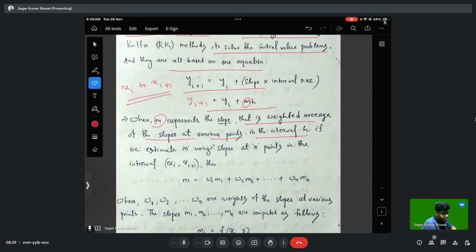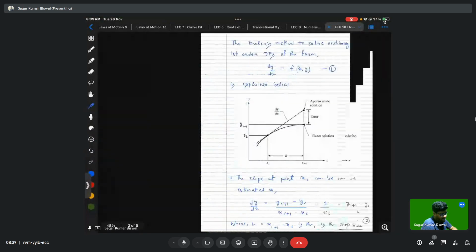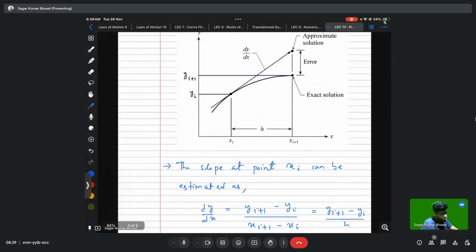I'll show you here. Here you see that in the Euler method we calculated the slope at this point only.